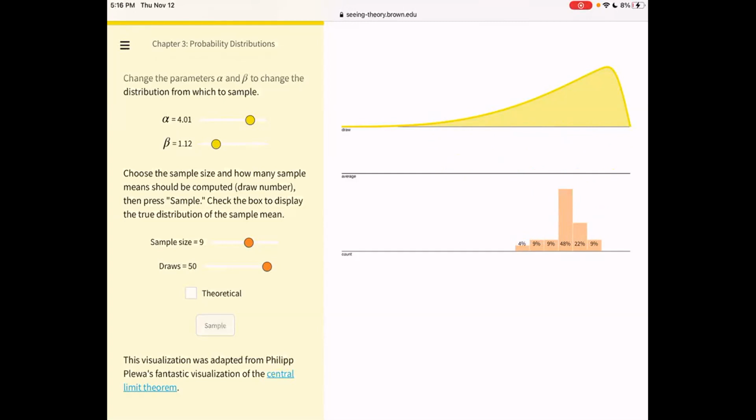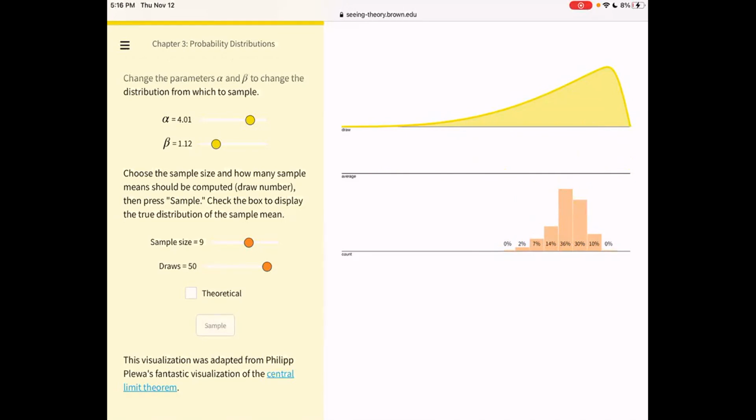So let's draw more and more. So we get this. And this is a lot like when we were talking about flipping the coins.